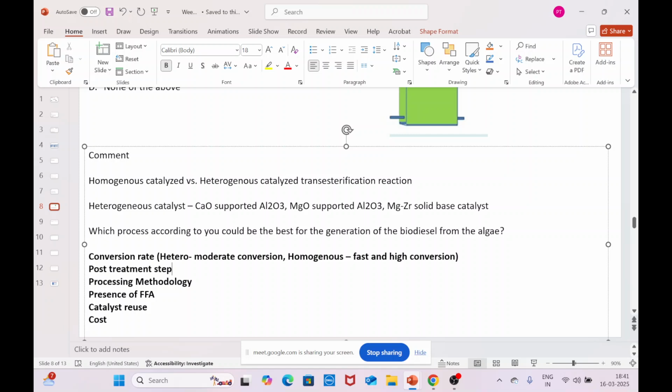Then from post treatment steps, that's a big limitation. Catalyst cannot be recovered in homogeneous, whereas in case of heterogeneous, catalyst can be recovered.